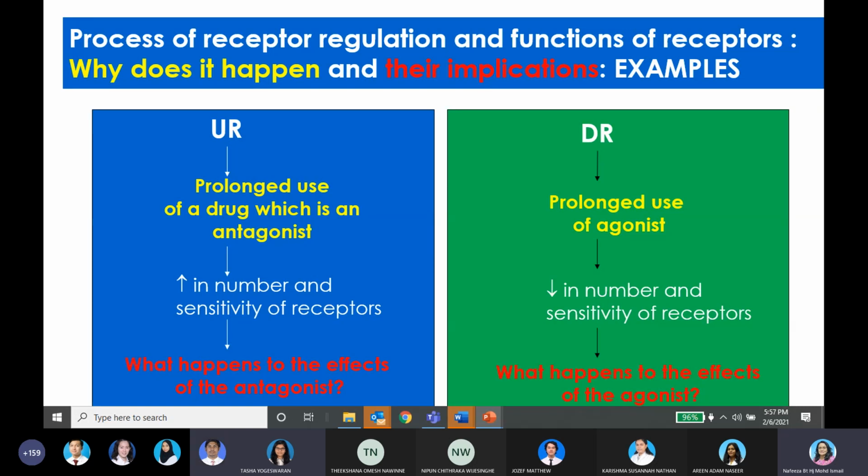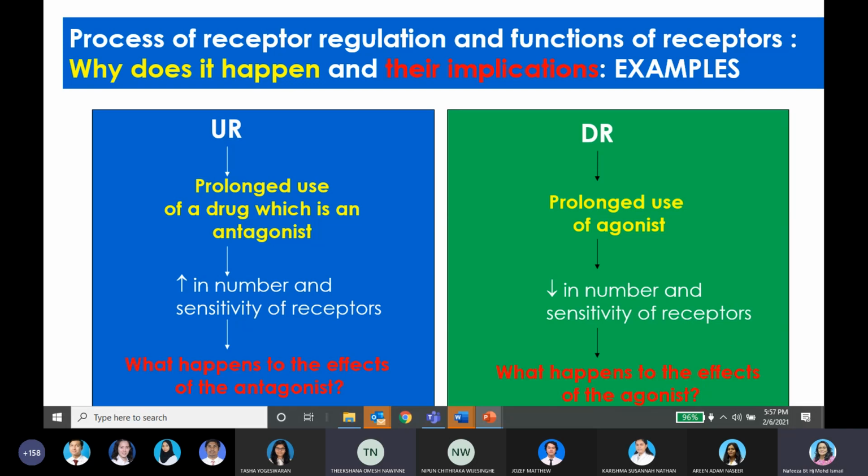If you have prolonged use of an agonist, chances are the body will detect that it doesn't need to increase the receptors because there's already a lot of agonist there. All right. Thank you, doctor. You're welcome.